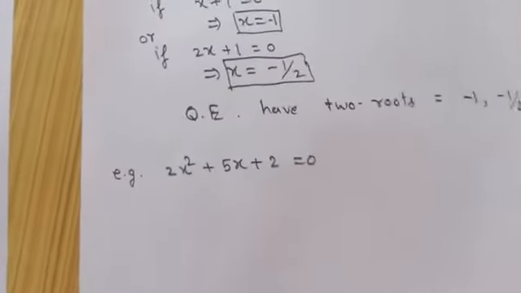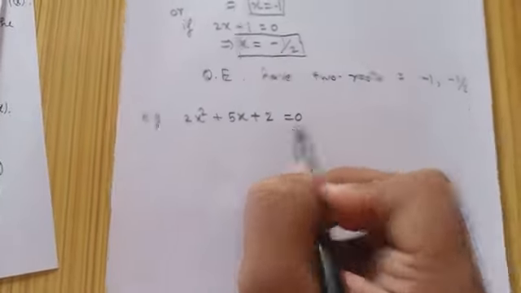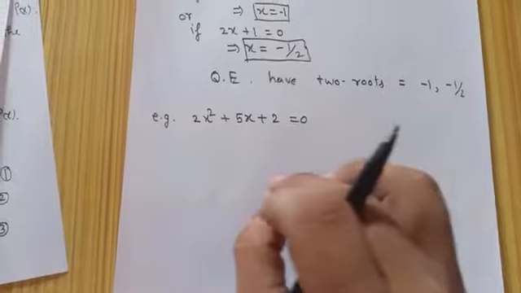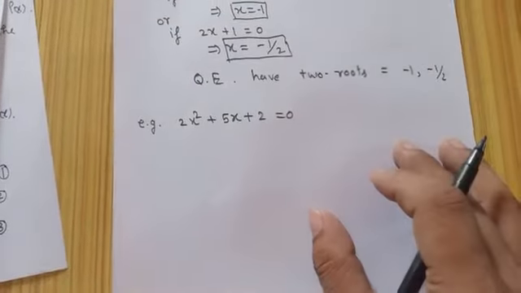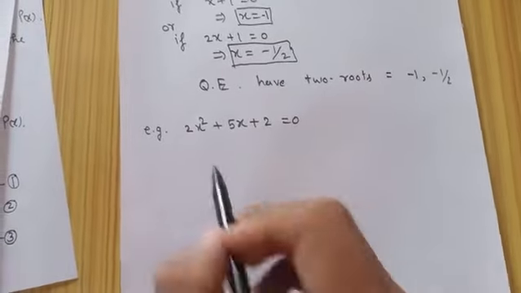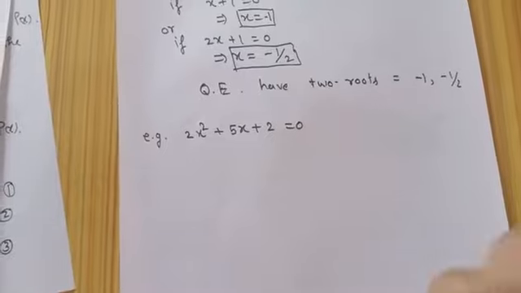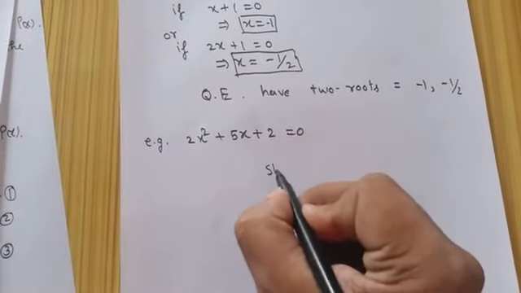Now take another example. The example is 2x square plus 5x plus 2 is equal to 0. This quadratic equation can't be factorized. So how can we solve this? We solve this by using the formula of Sridharacharya.